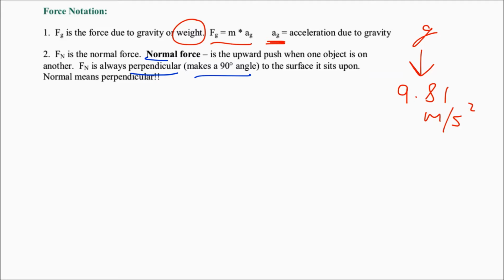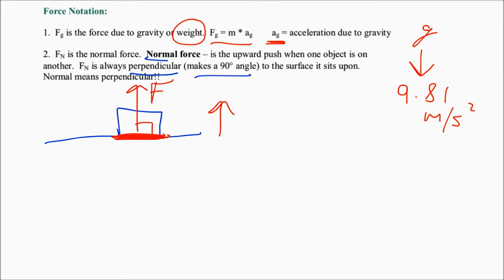So for example, if we have a countertop and you have a box sitting on that countertop, the normal force is going to be exerted because of the contact with the counter. Okay, this is one of those contact forces. So the box is sitting on the counter, and the counter is pushing upward on the box, and that is going to be 90 degrees from the surface. So this is the normal force.